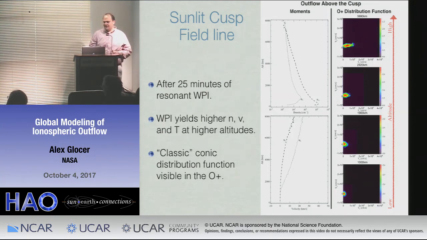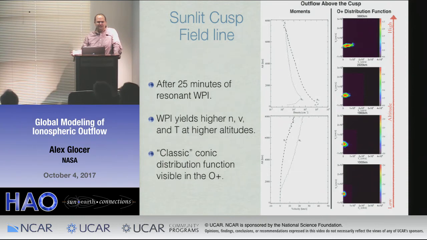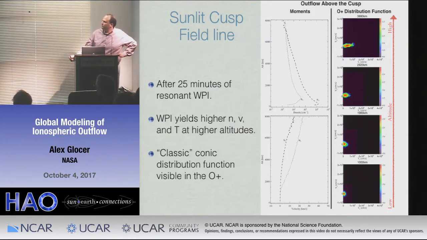And so what I did is I consider a single cusp field line exposed to soft electron precipitation and wave-particle interactions. And you can see that when you do this, I guess the text's a little bit small, but this is the O plus velocity, which was stationary when you only had photoelectrons, but is now growing to around 15 kilometers per second at the highest altitudes.